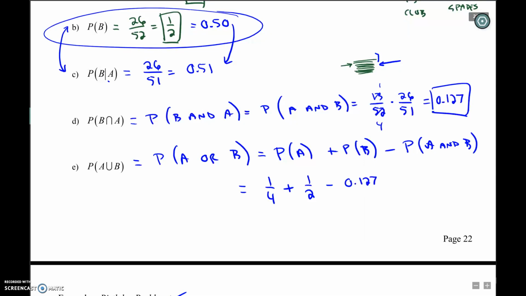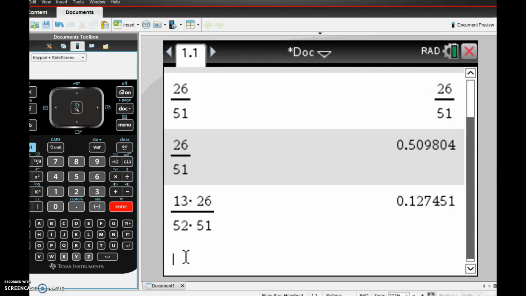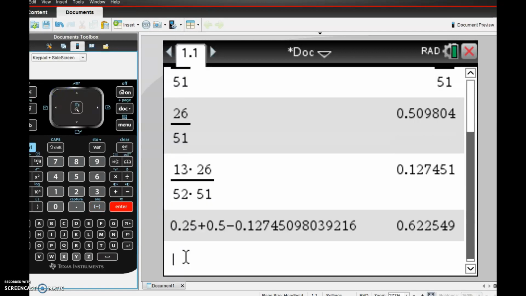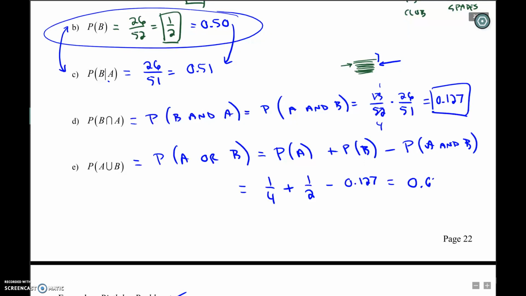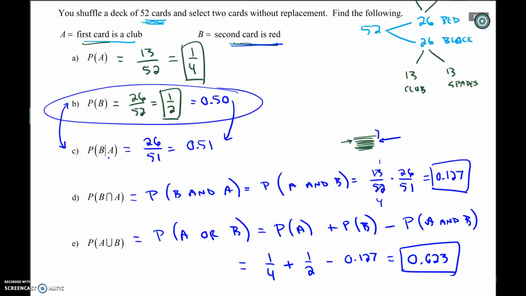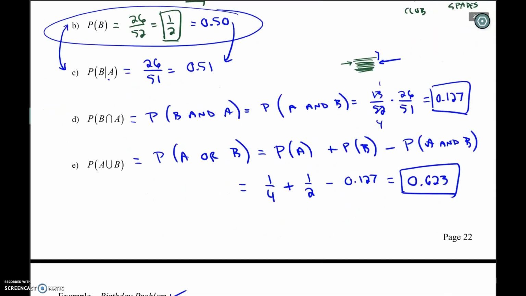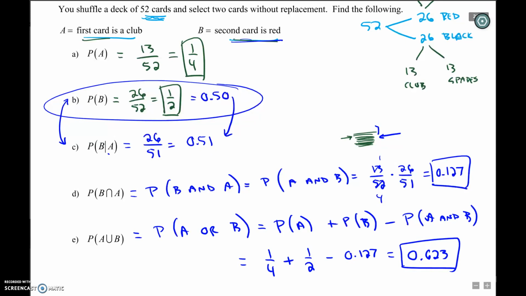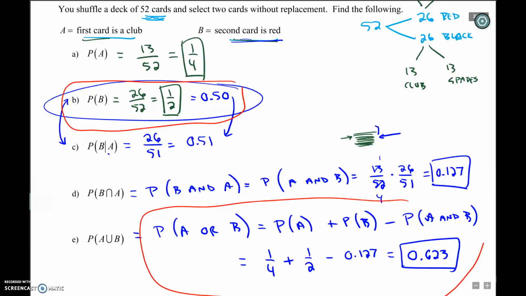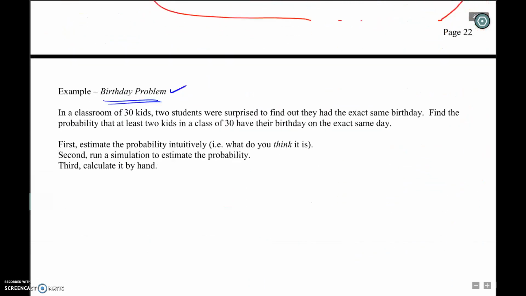So 0.25 plus 0.5 minus my last answer gives me 0.623. So there is a 62% chance that the first card would be a club or the second card would be a red. So notice we kind of hop between intuition and the formulas, and do whatever's easiest for us.